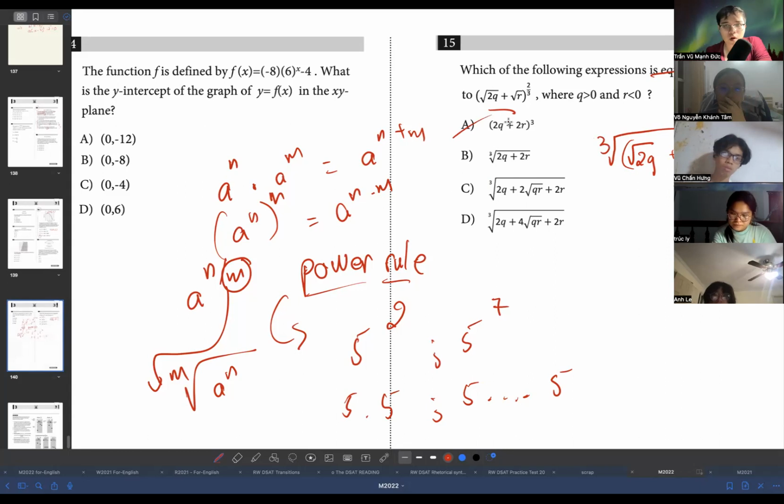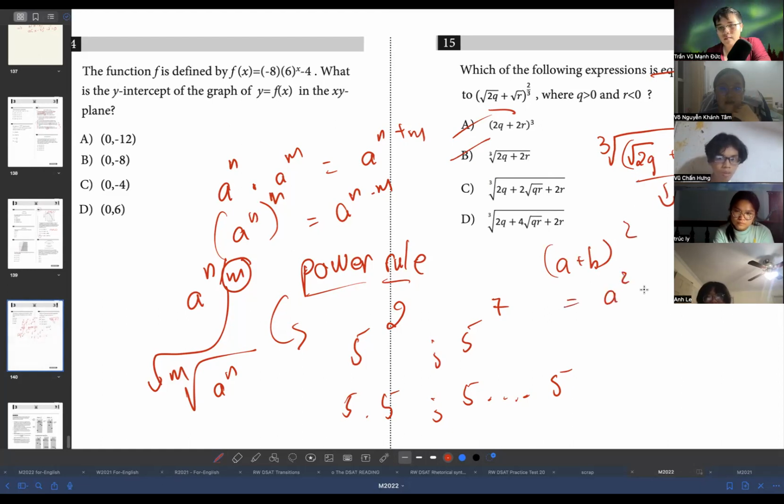So A will be wrong. And obviously this will be wrong too as well. And you just use the formula A plus B squared equals A squared plus 2AB plus B squared. I will briefly remind you. Let me just check on the English definition of this one because I remember it in Vietnamese. I don't really remember it in English. Hang on a sec.